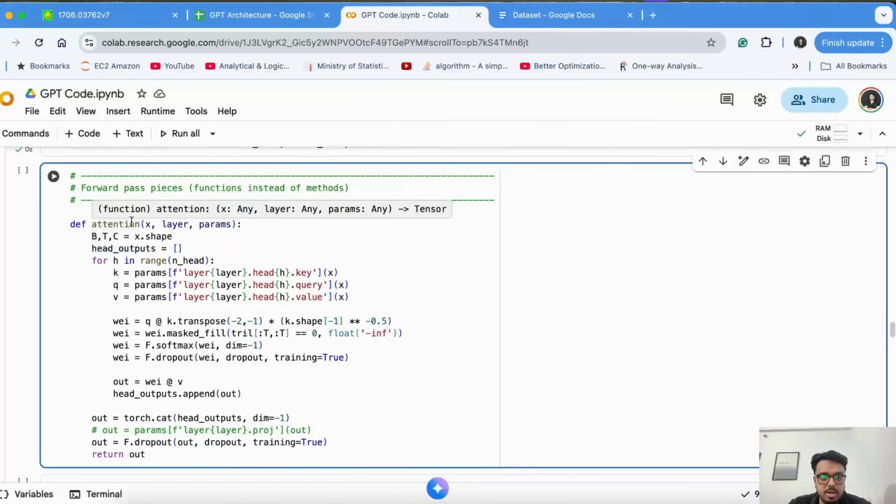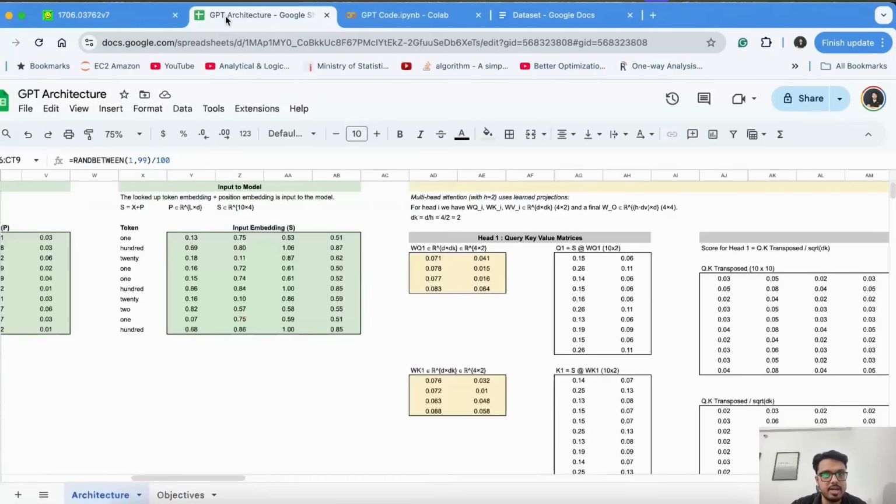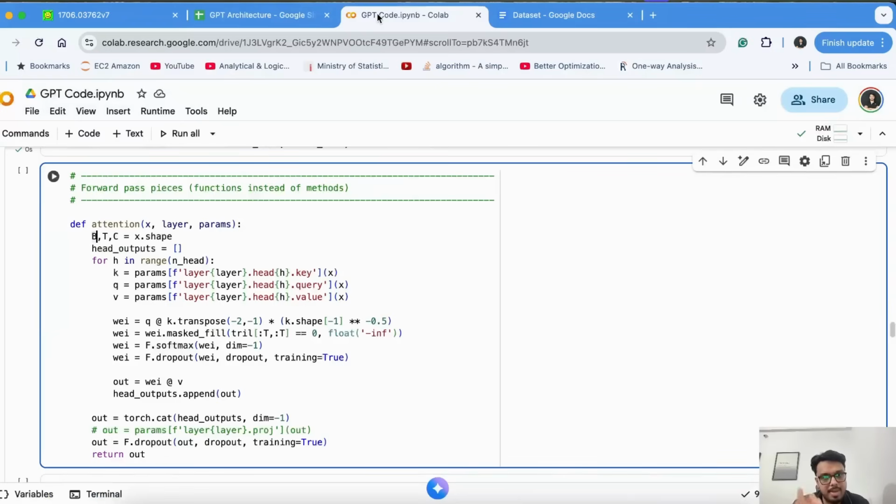So why is this 3-dimensional? Because as I told you, the third dimension, which is batch, is taken into consideration to batch multiple samples, right? So this is T cross C, and batch is like a third dimension to equip the model to operate in parallel.